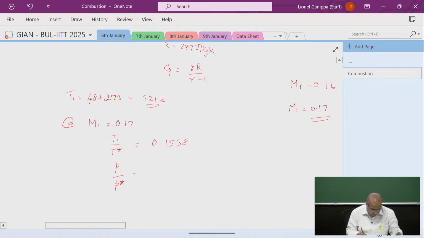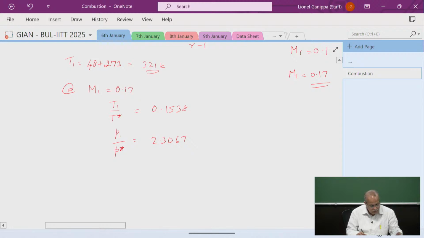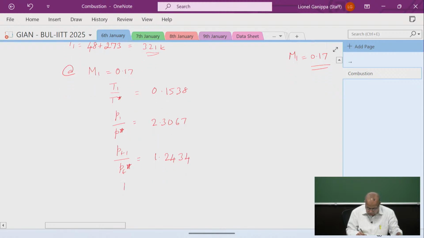P1 by P star, 2.3067, and then PT1 by PT star is equal to 1.2434, and then TT1 by TT star is equal to 0.1289. So now you have all these parameters.